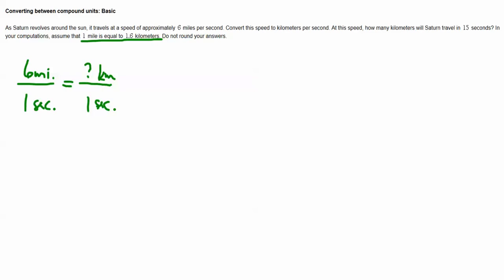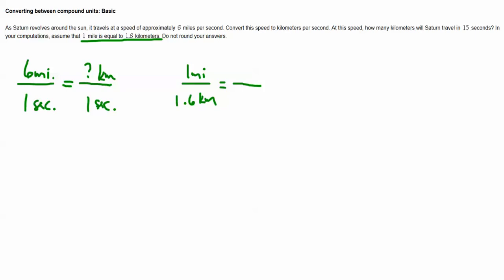Okay, looking at our information, we're going from 6 miles per second to an unknown number of kilometers per second. Our increments of time have not changed, so we don't need to worry about anything there. We just need to convert 6 miles into our unknown number of kilometers. We're going to use this unit conversion, 1 mile over 1.6 kilometers. Again, you can set up your proportion however you wish, as long as your labels match.